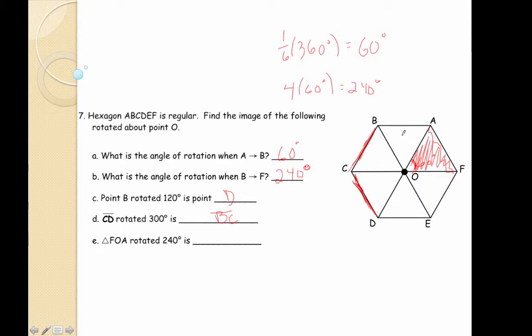So we take it and we go 60, 120, 180, 240. It's this triangle. And A went to E, F went to D, O stayed the same. So we would write it as DOE.